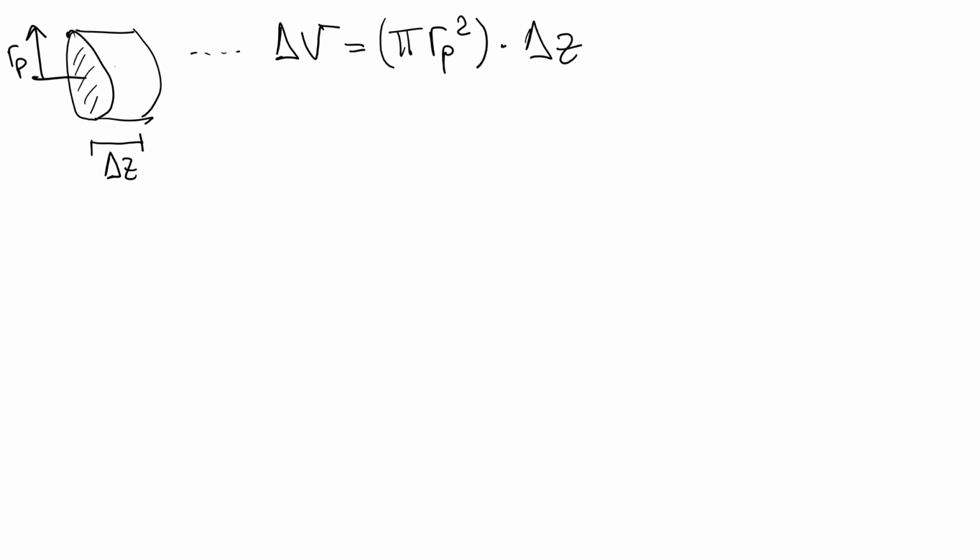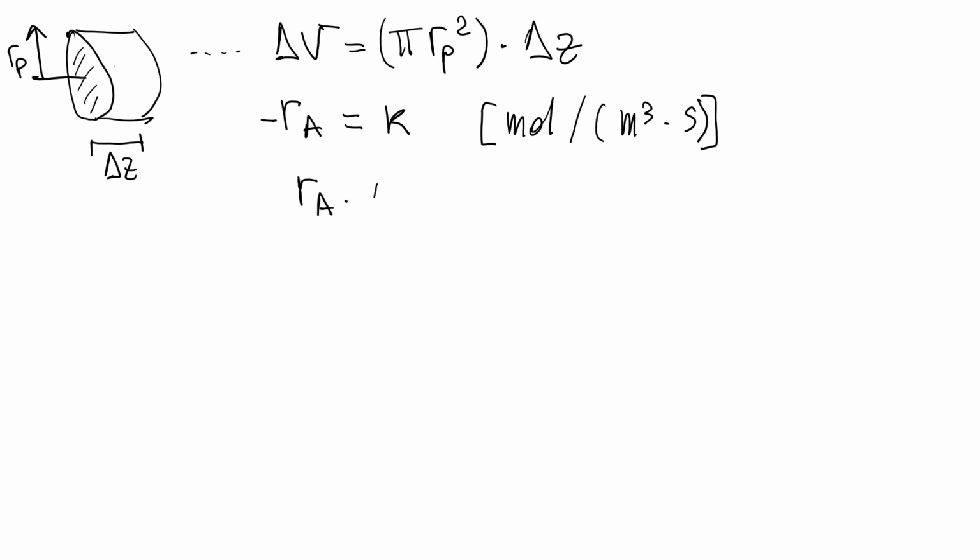And we know that our rate, which is usually given, is the rate of consumption of A is k. This is given in terms of mole per meter cubed per second, because this is a zero order reaction. So the way we get our rate of consumption is we need to multiply the rate Ra times our control volume for a homogeneous reaction.